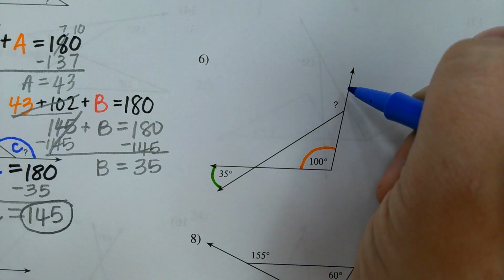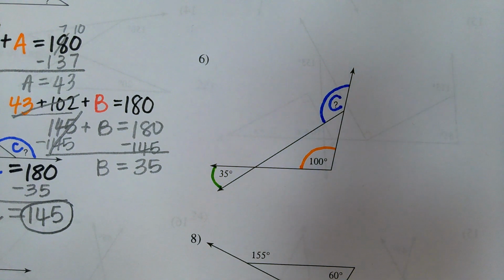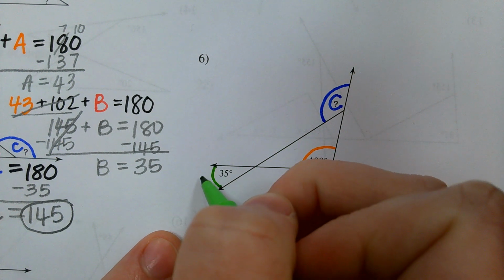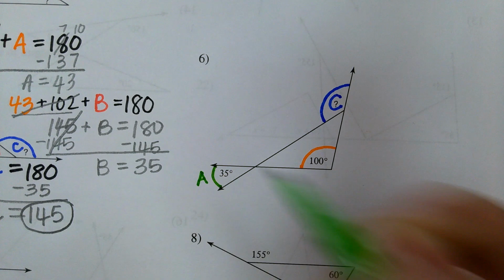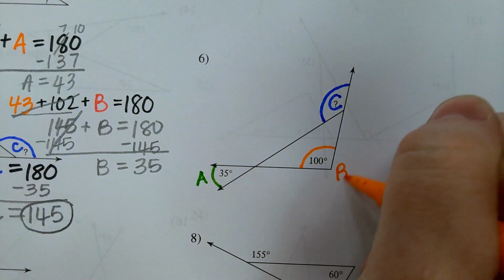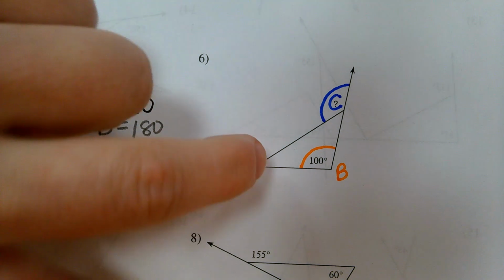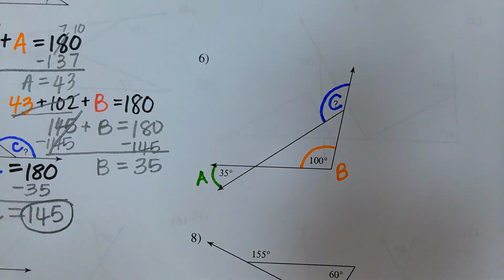Let's make our question mark blue again. I'm going to call it C. 35-degree angle A and 100 B. And we probably want to name the angles that are also inside the triangle.